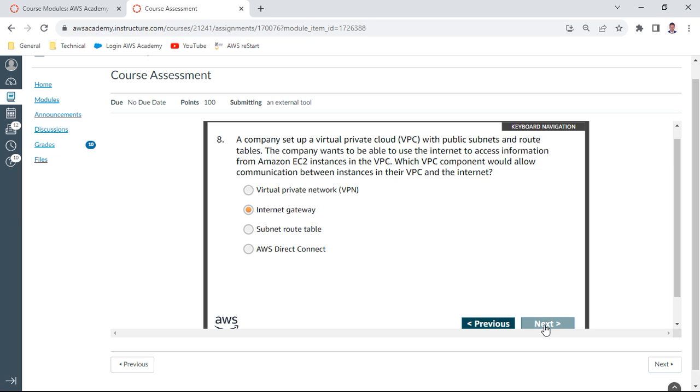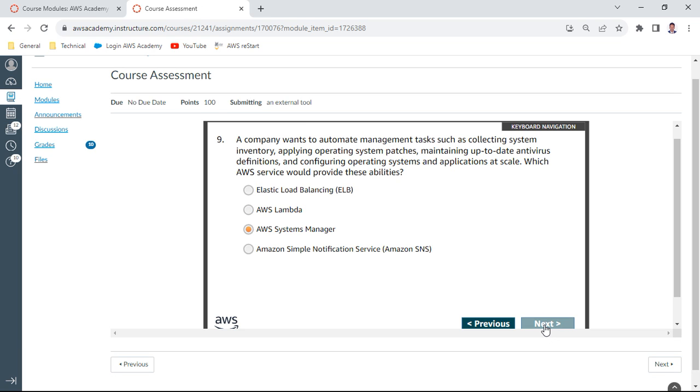The company wants to be able to use the internet to access information from Amazon EC2 instances in the VPC. Which VPC component would allow communication between instances in their VPC and the internet? That is internet gateway.